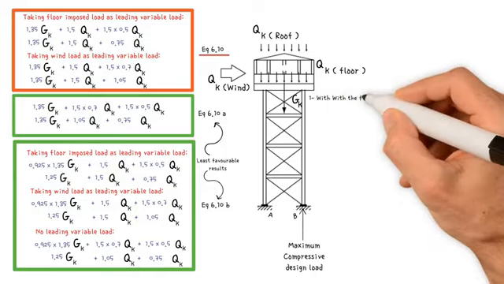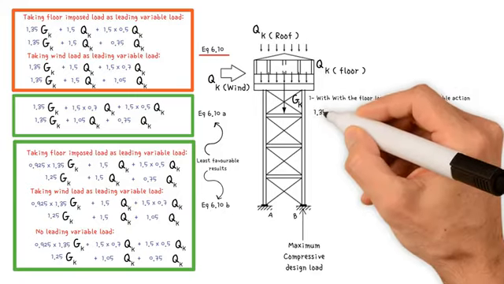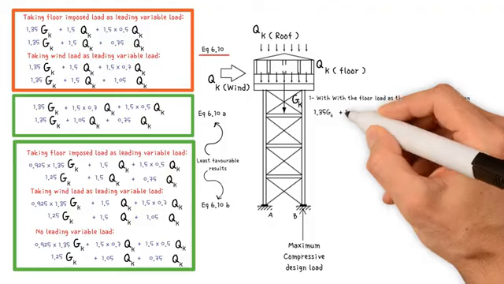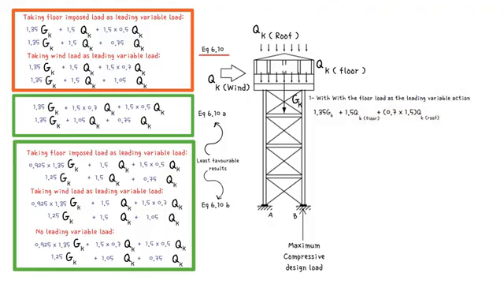Load case number 1, with the floor load as the leading variable action: 1.35 times dead load, plus 1.5 floor load, plus 0.7 times 1.5 roof load, plus 0.5 times 1.5 wind load.